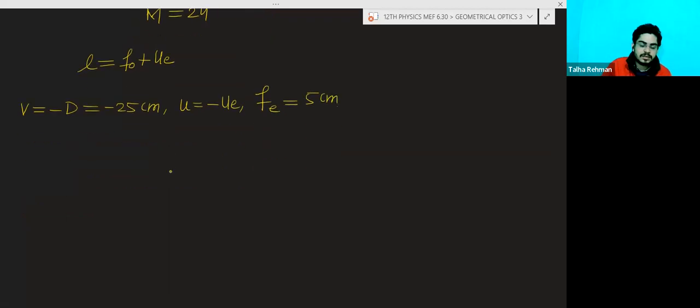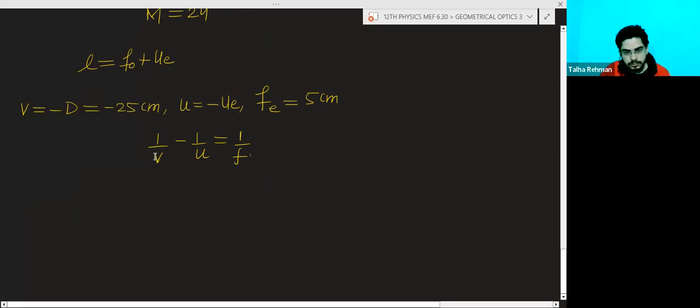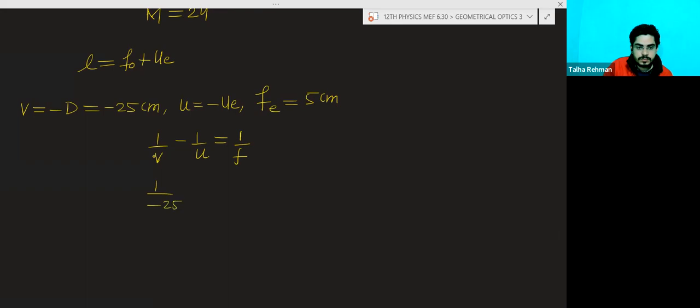So you can apply this relation: 1 upon V minus 1 upon U is equal to 1 upon F. So 1 upon V is minus 1 upon 25, and minus 1 upon minus UE, which is equal to 1 by F, that is 1 by 5.